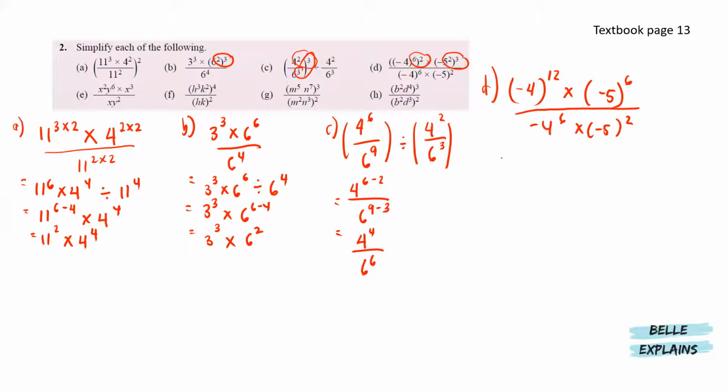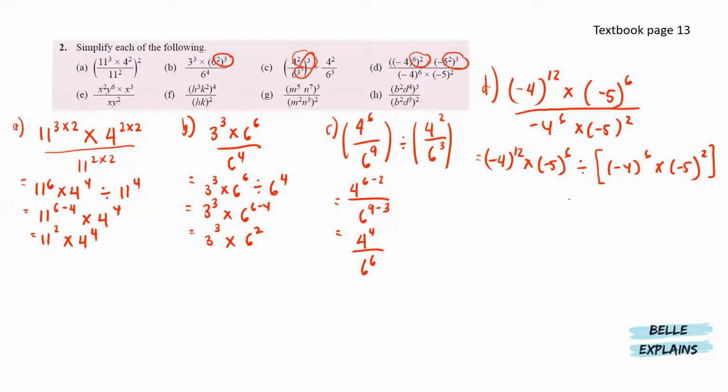So let's write that in a one-line sentence. We have negative 4 to the power of 12 times negative 5 to the power of 6 divided by negative 4 to the power of 6 and negative 5 to the power of 2.